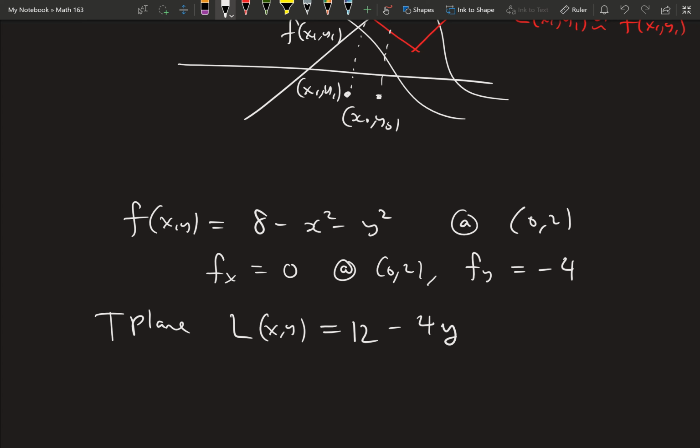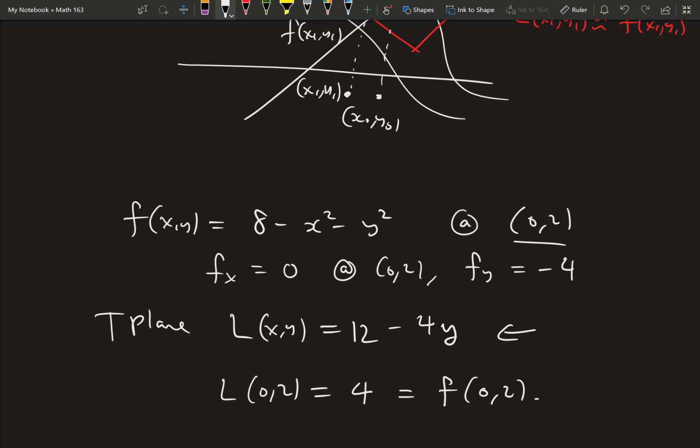And notice that this L of 0, 2 is 4, which is equal to f of 0, 2.